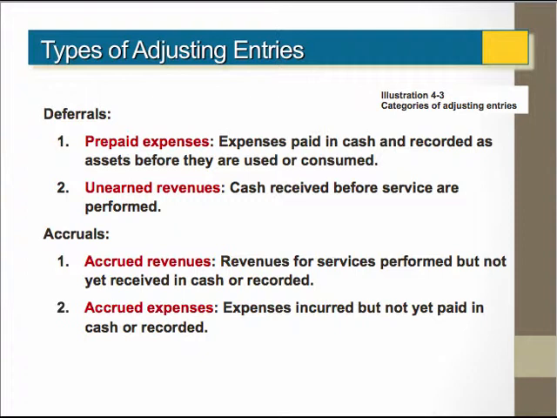We also need to consider accrued expenses. Accrued expenses are expenses that have been incurred but we have not paid for them yet. So we would increase an expense account on the income statement and recognize the liability increase to accounts payable.